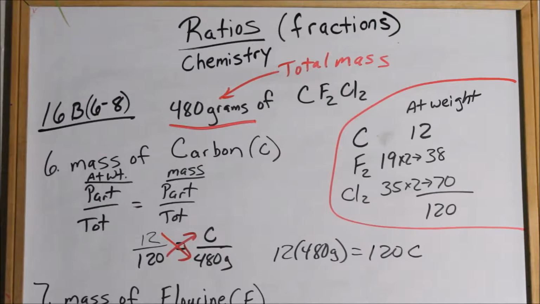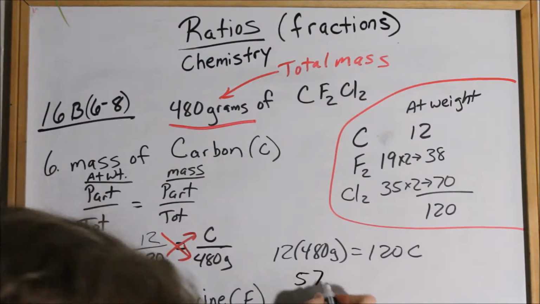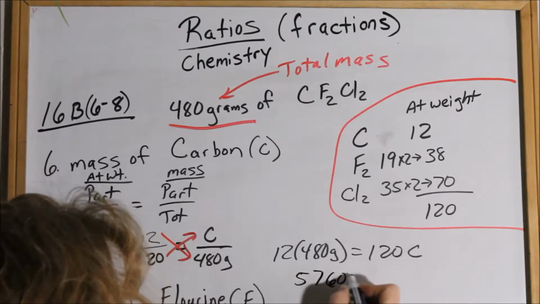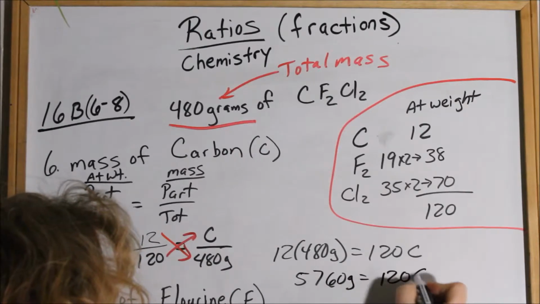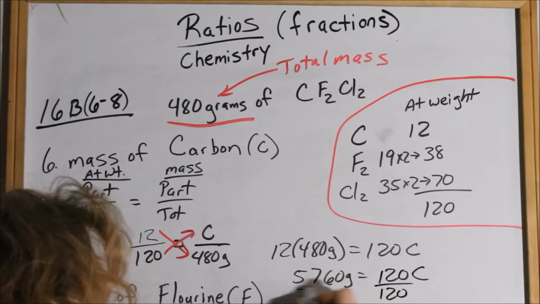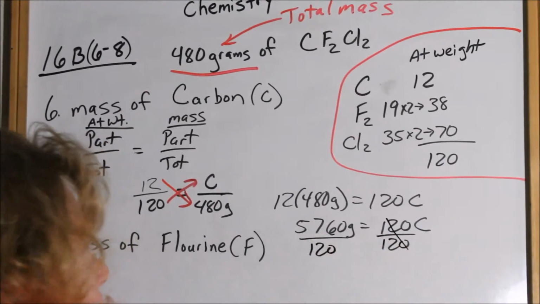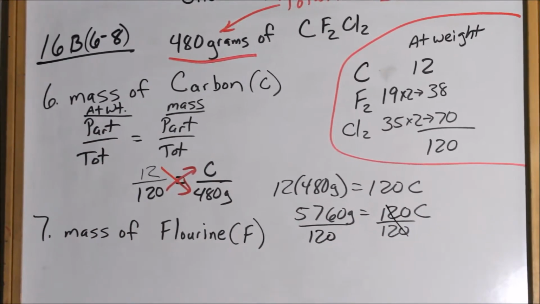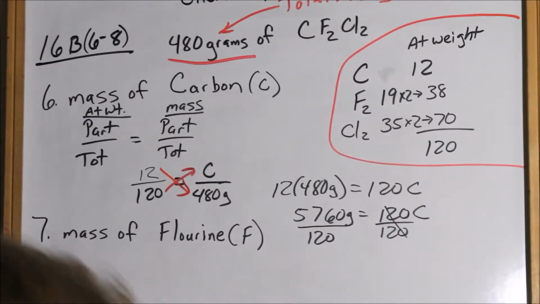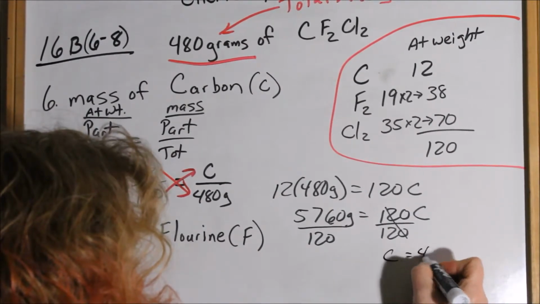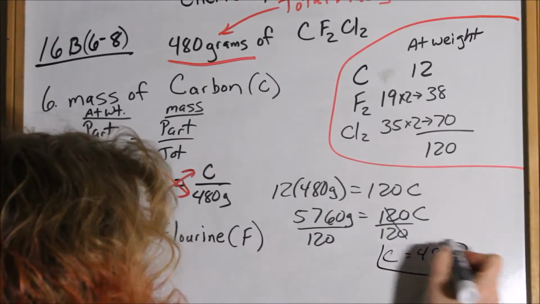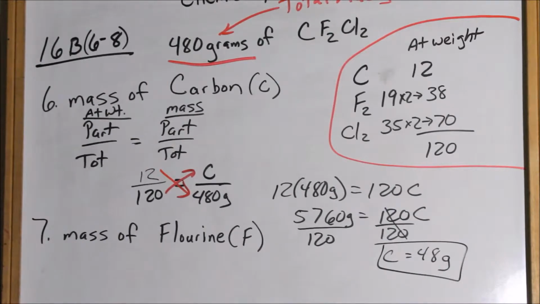Okay, so 12 times 480 is 5,760 grams equals 120 C. Divide both sides by 120, and it comes out that the amount of carbon is 48 grams. So we found the amount of carbon, not the percentage of carbon, as we did in lesson 14.